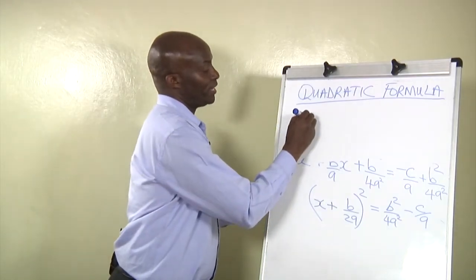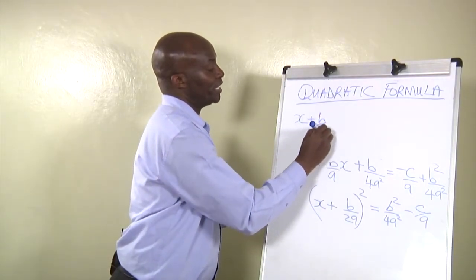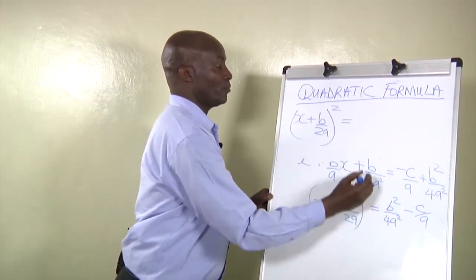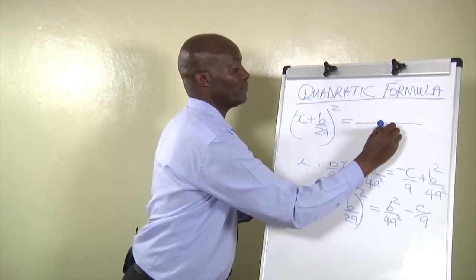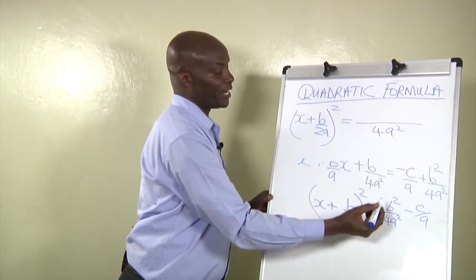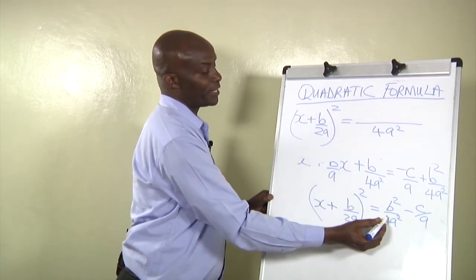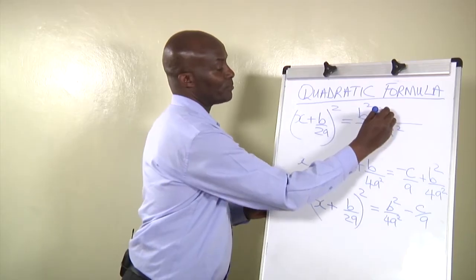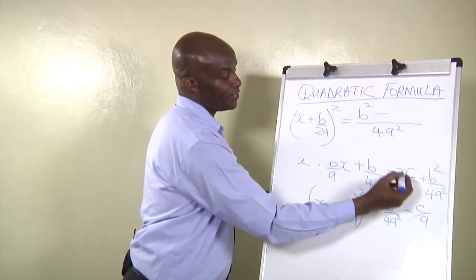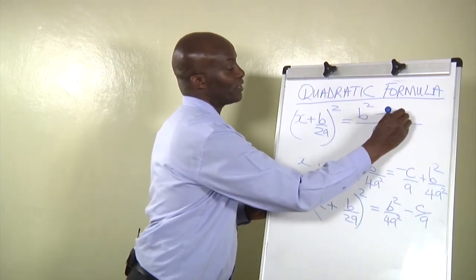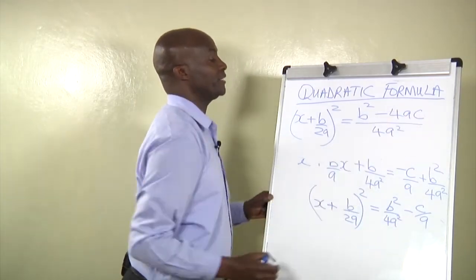So now we have x plus b over 2a, whole squared, is equal to, we say LCM is 4a squared. Then 4a squared divided by 4a squared is 1, times b squared is b squared, minus 4a squared divided by a is 4a, times c is 4ac.